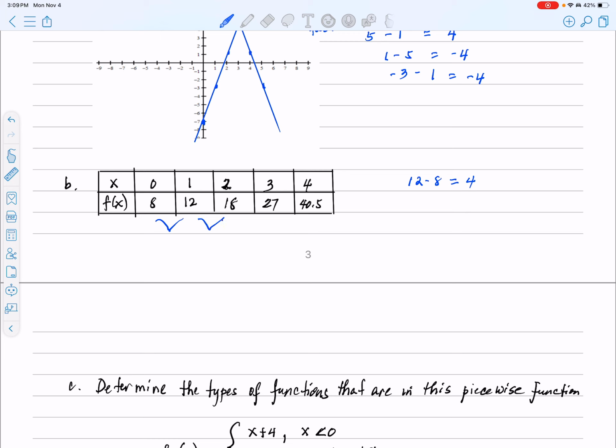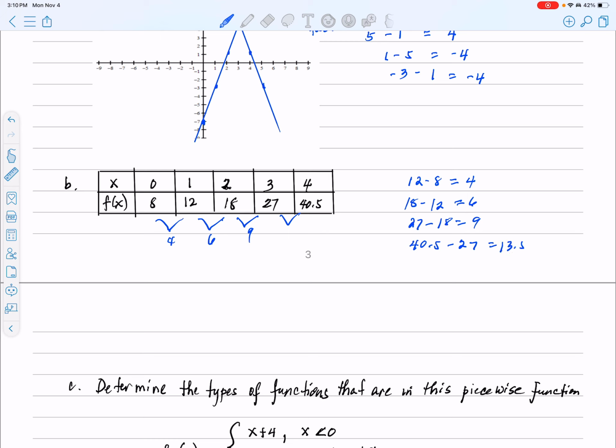18 minus 12, we have 6. So this is 4, this is 6. 27 minus 18, that's 9. And then 40.5 minus 27, that is 13.5.